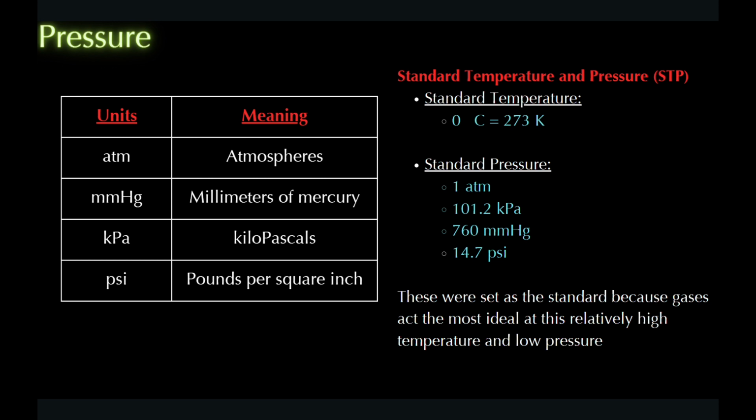So 0 degrees Celsius is actually a relatively high temperature compared to outer space. One atmosphere is also a fairly low pressure, especially when we look at the other planets in our solar system. For example, Jupiter has an extremely high pressure of, I believe, several hundred atmospheres. So one atmosphere is a relatively low pressure when thinking about the other planets in our solar system.